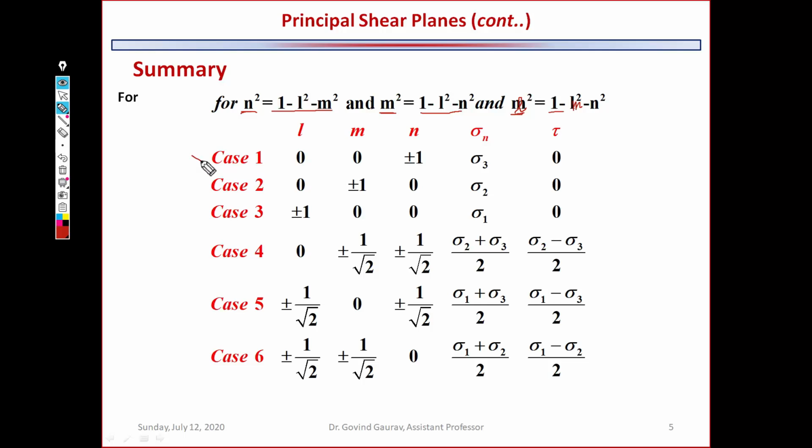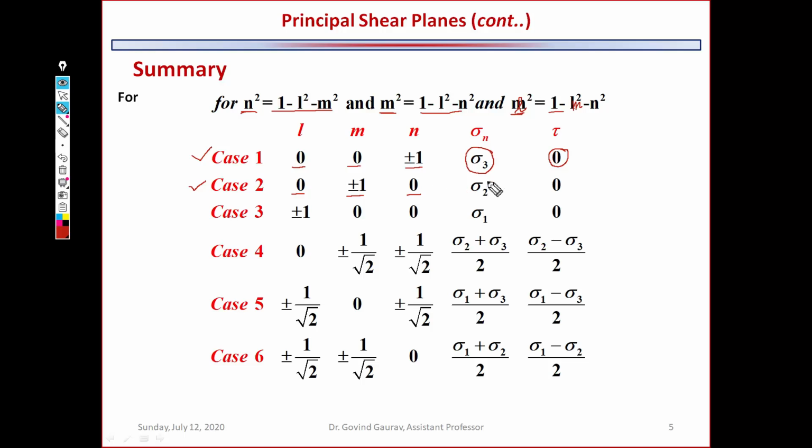The first case is when L is equal to 0, m is equal to 0, n is equal to plus minus 1. In such a case, the maximum value of the normal stress would be sigma 3, and no value of the shearing stress would act on that particular plane. The second case would be when L is equal to 0, m is equal to plus minus 1 and n is equal to 0.